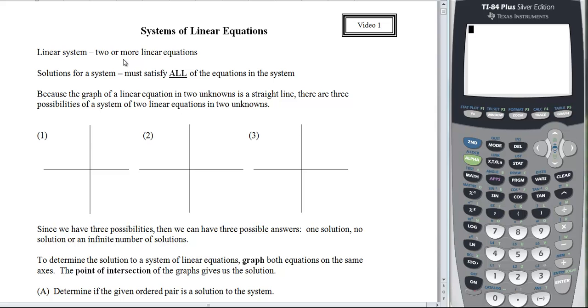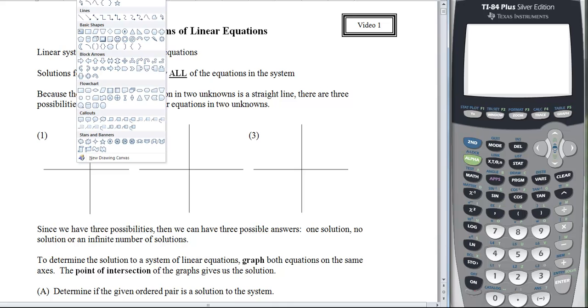Now, because the graph of a linear equation in two unknowns is a straight line, there are three possibilities for a system of two linear equations in two unknowns. One thing that they could do is that the lines could hit. So let me get some lines here.